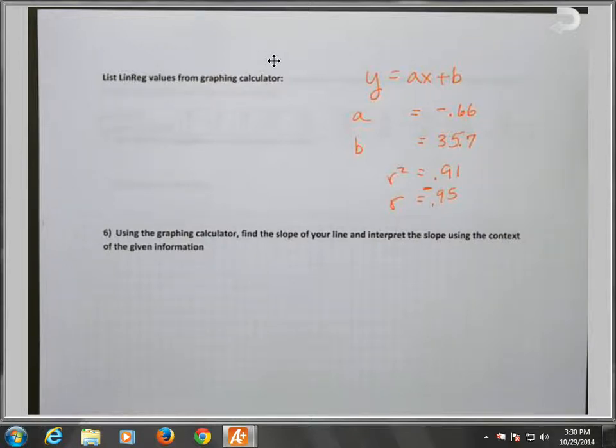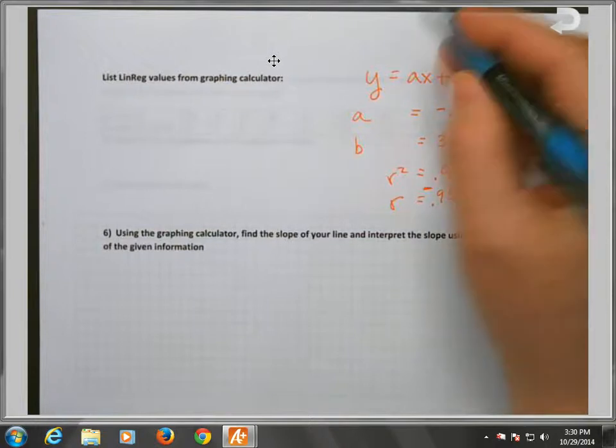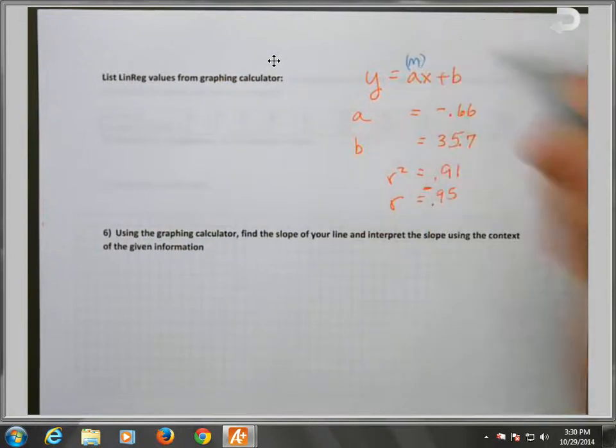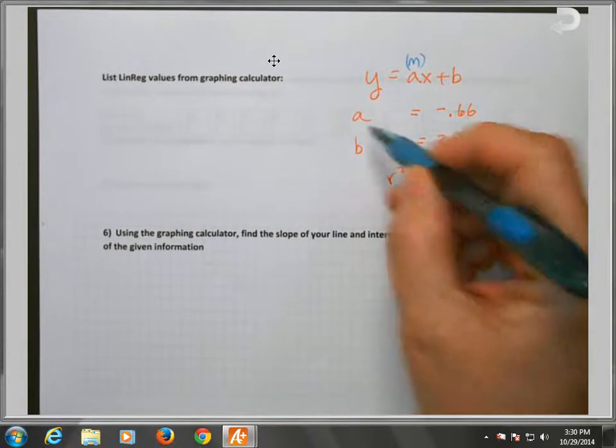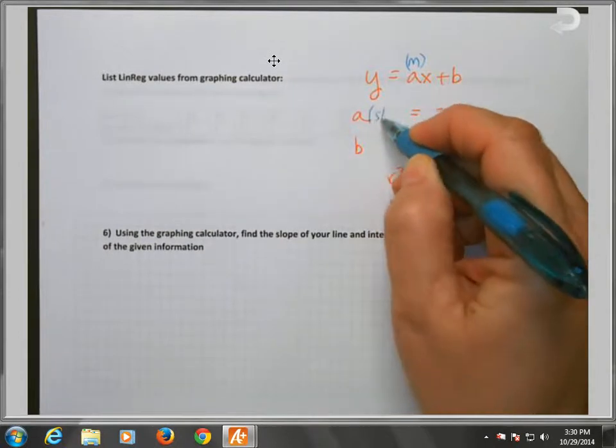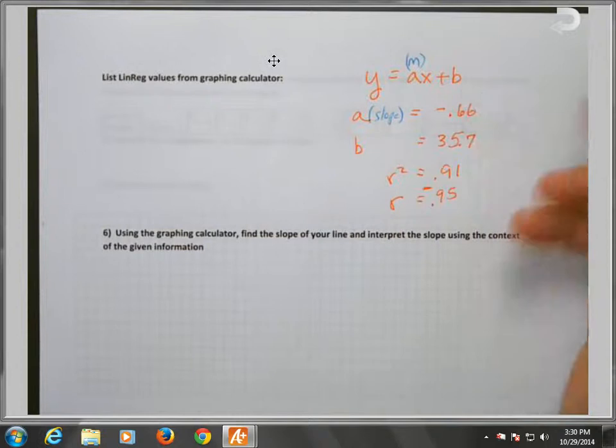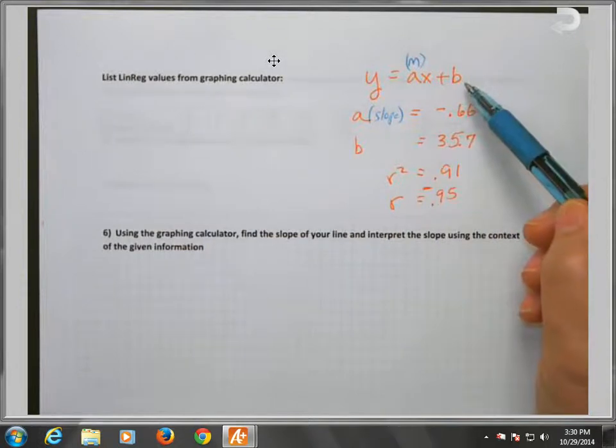Okay, first of all, I hope you recognize this. It's the equation from algebra, which is y equals mx plus b. This calculator calls it a instead of m, and m stands for the slope. So this a is actually the slope of this line. B, from your algebra days, y equals mx plus b, was the y-intercept, and it still is now.